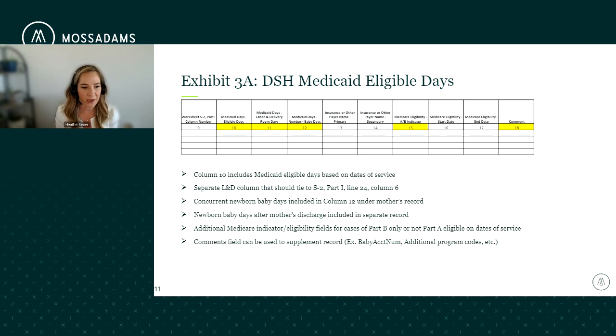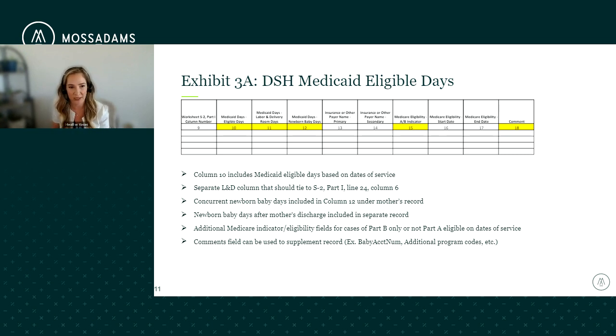What the instructions state here is to separate the L&D columns that should tie to your S2 Part 1, line 24, column 6. So when you're populating your S2 with your total Medicaid days, column 6 should be associated to your labor and delivery Medicaid days, which will also tie to column 11 of this template.